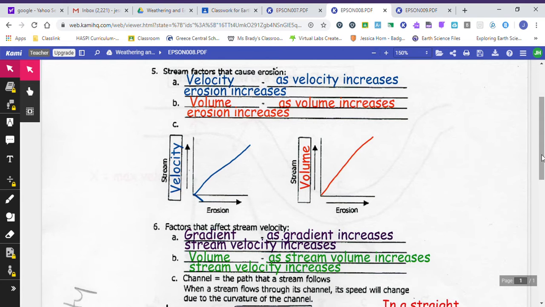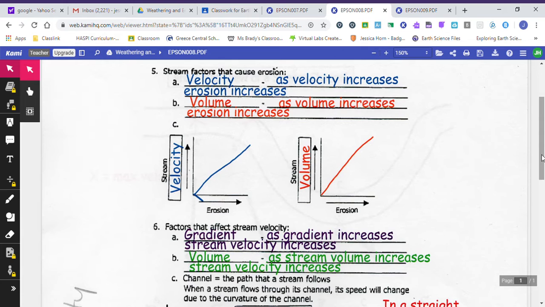If the gradient is very high, so if it's very steep, then the stream is going to be moving faster, and hence erosion would happen faster. So when the gradient is high, the water has a high velocity, and that means erosion would happen pretty quickly.